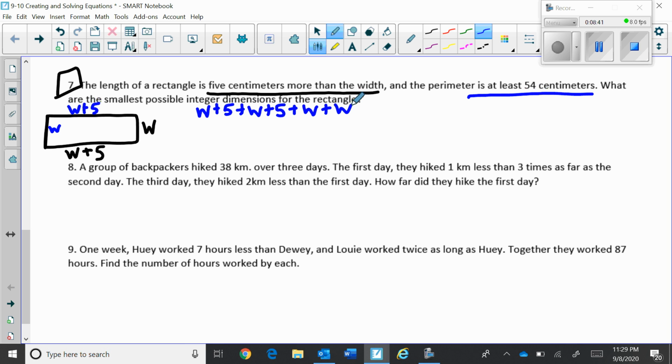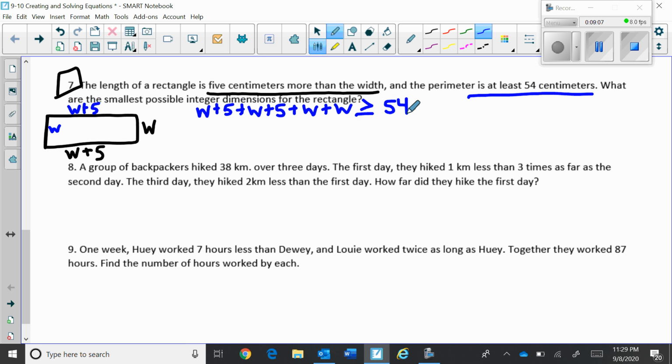That means it can be greater than 54 centimeters, or it could be equal to 54 centimeters, but at minimum, it is 54 centimeters. So this could be greater than or equal to 54. Our perimeter can be larger than 54, but at least 54 centimeters.